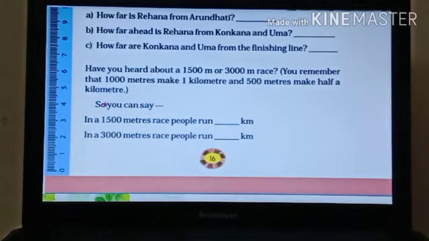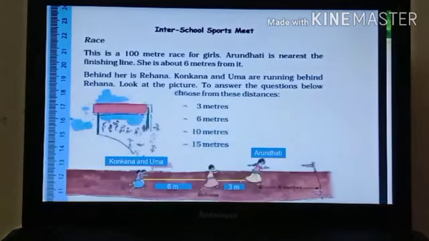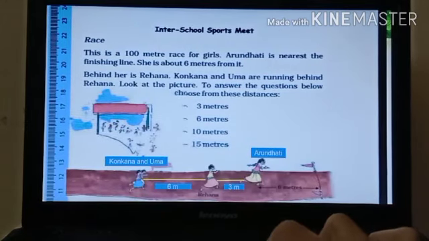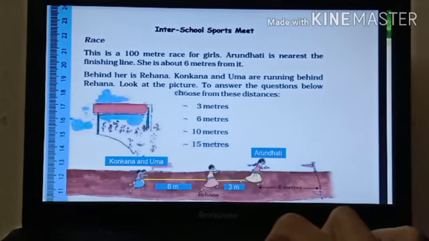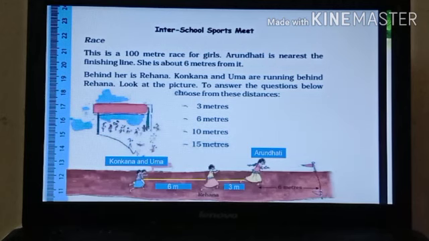The question is: how far is Rihanna from Arundhati? Here we have to find the distance between Rihanna and Arundhati. First we see the distance given between the finishing line and Arundhati, that is 6 meter. The distance between Rihanna and Arundhati is almost half of the distance between Arundhati and the finishing line.